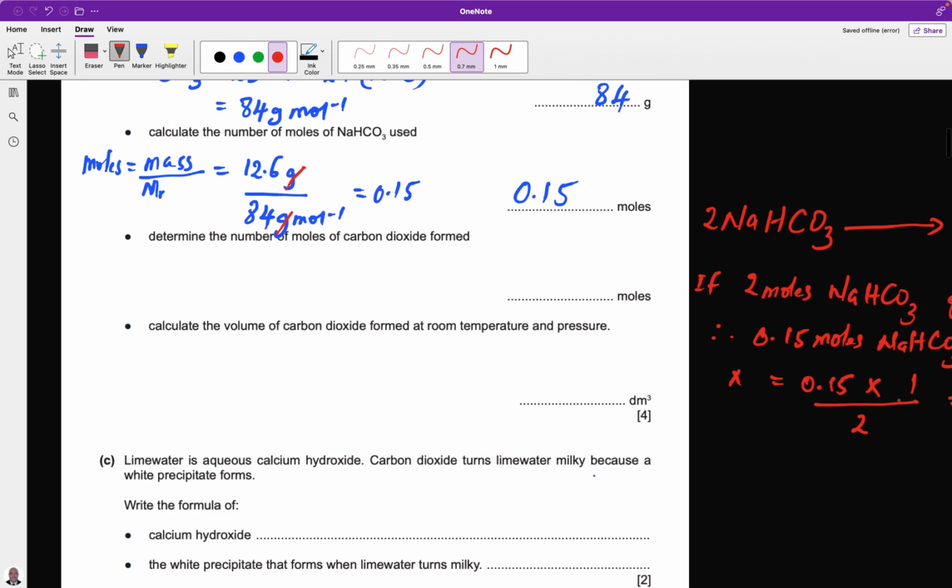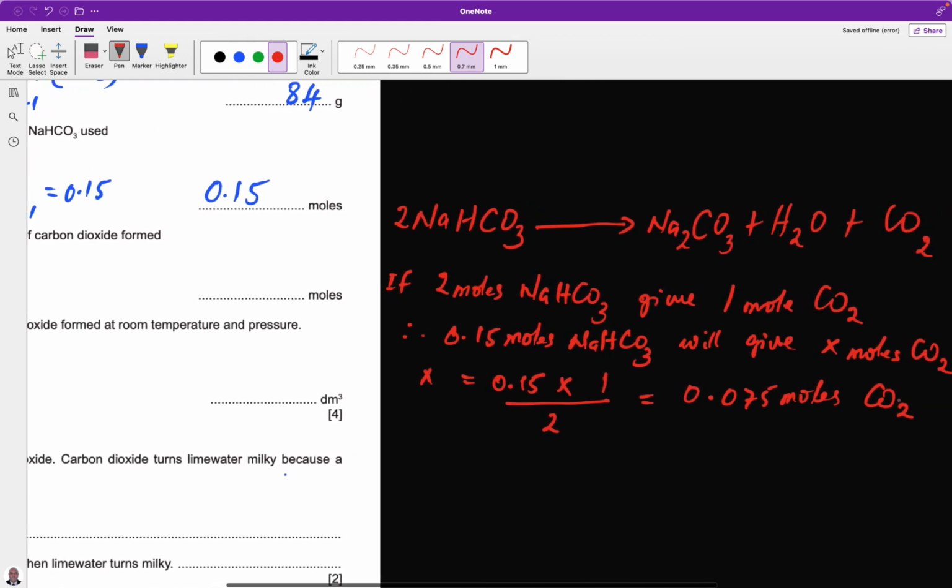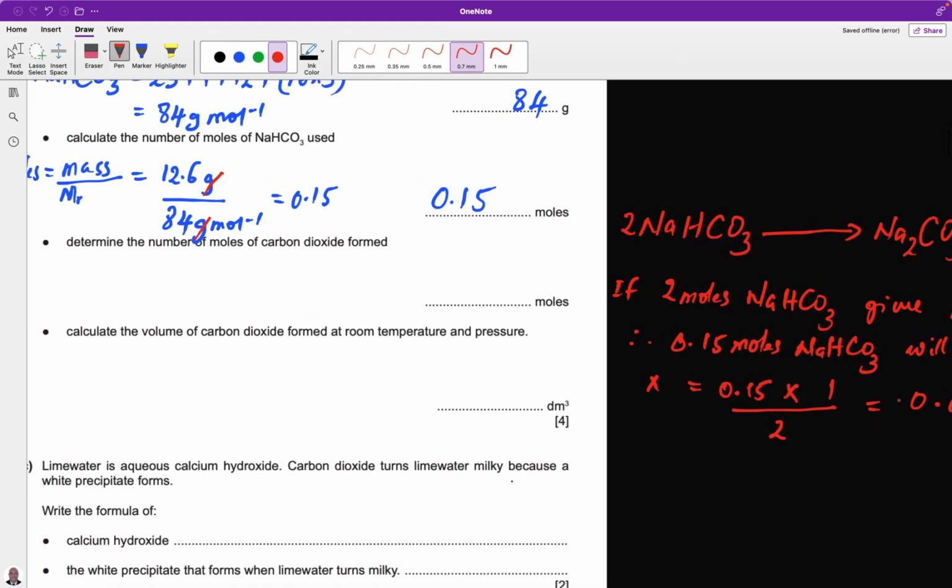But we were told to determine the number of moles of carbon dioxide formed. So the number of moles of carbon dioxide will be 0.075.